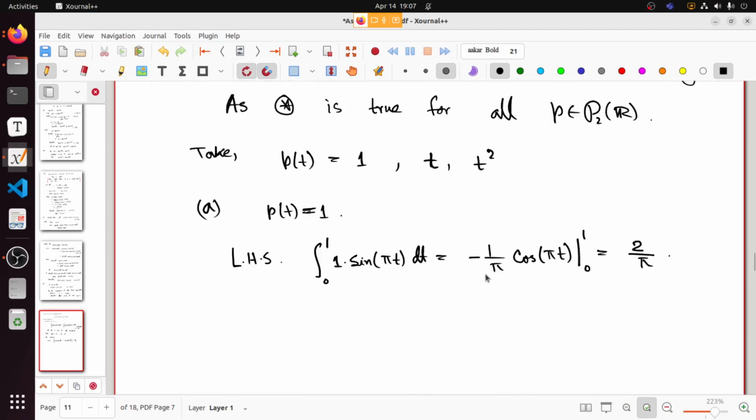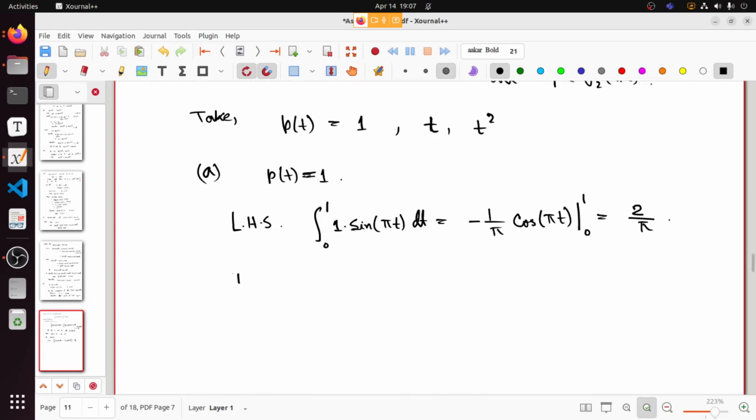And what will be the RHS? p(t) is a t square plus bt plus c, so the RHS will be integral from 0 to 1 of a t square plus bt plus c dt. If you integrate it, you will get a by 3 plus b by 2 plus c, and these two are equal.